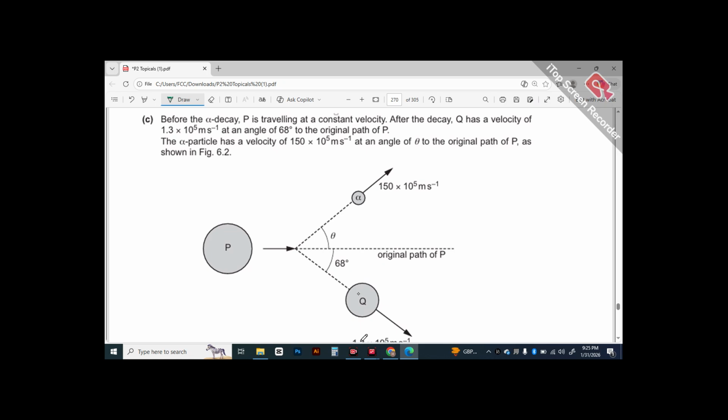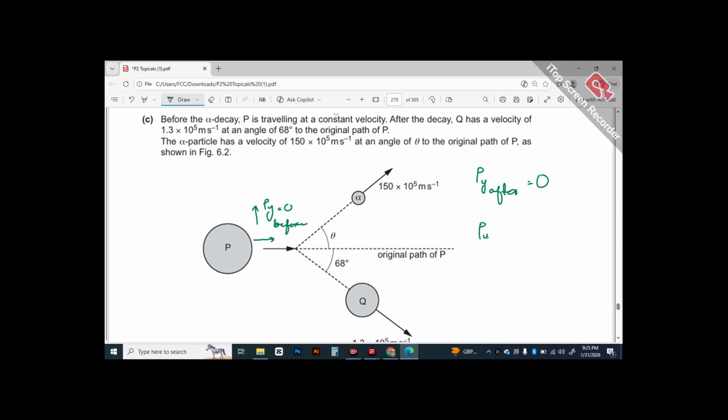Okay, so we have to find theta. The particle P was traveling along the x-axis. This makes us conclude that the y component of its momentum before the collision was 0. And hence, for the conservation of momentum, the y component of its momentum after the collision should also be 0.